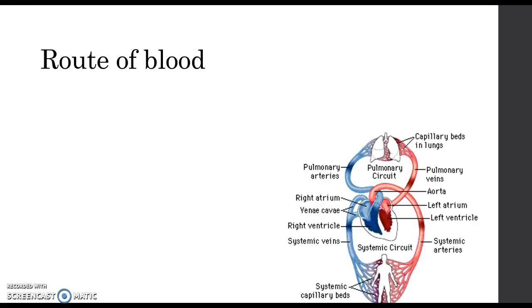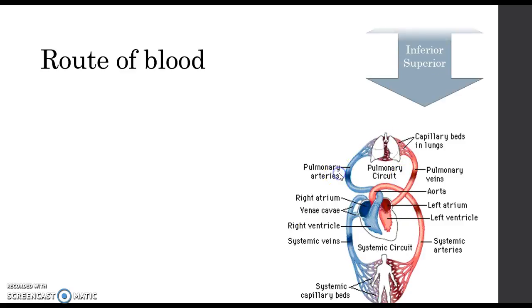This is the circuit which shows the route of blood in the two circuits, the pulmonary circuit and the systemic circuit. The pulmonary takes it to the lungs and the systemic takes it to all the muscles.